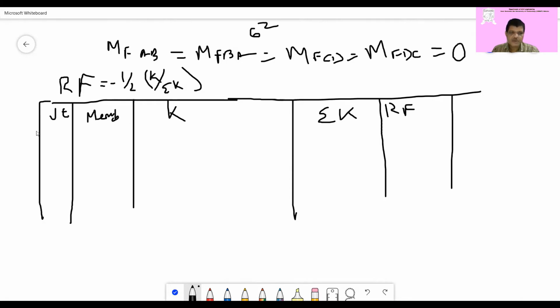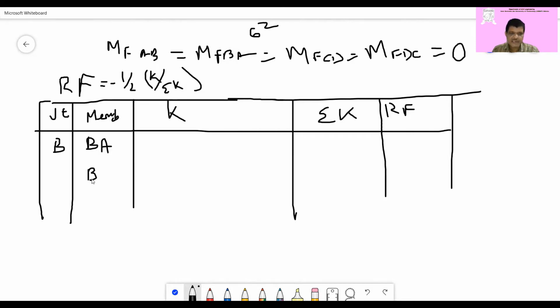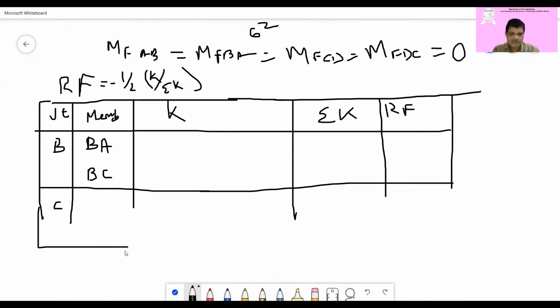So do this table. Now joint is equal to B. In the joint B, you have the member BA and the member BC. And if you come to joint C, you have the member CB and CD. We now complete this table.